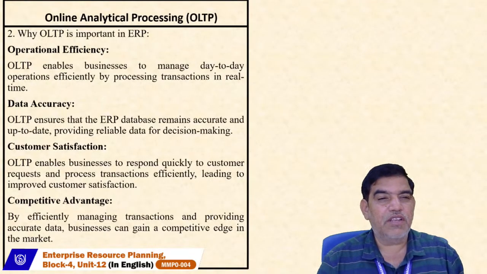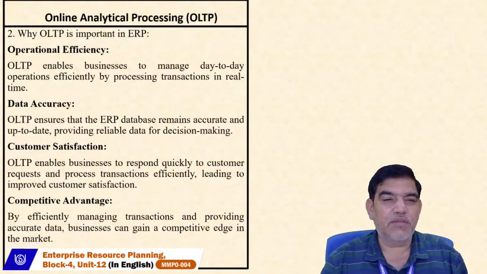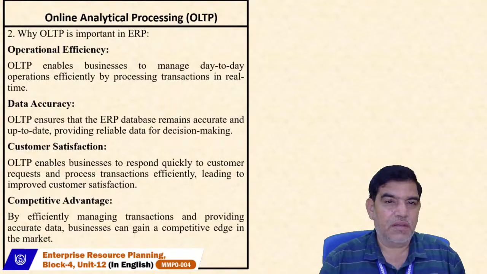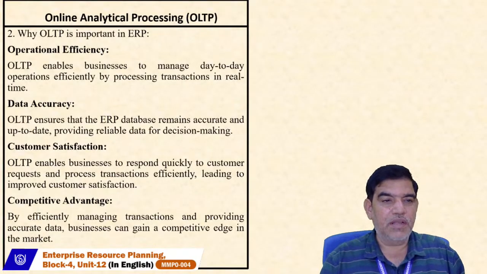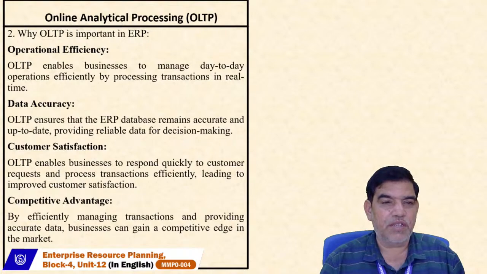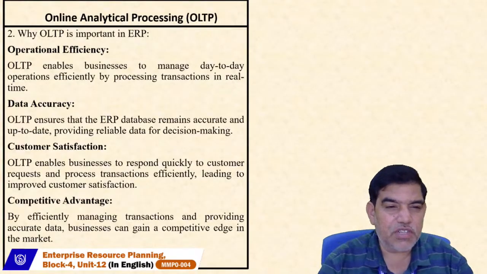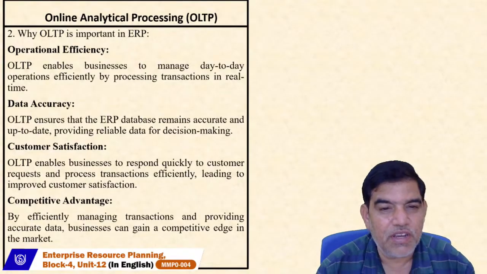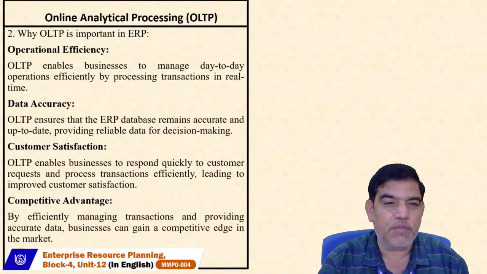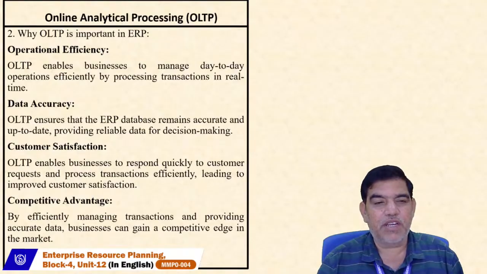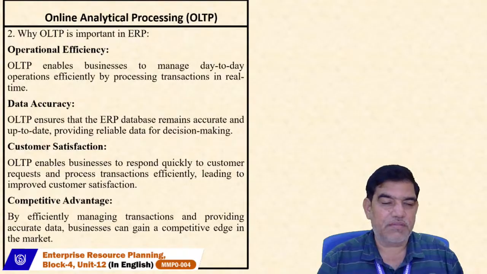Then, what is the actual requirement of this OLTP? Why is it very important in ERP? OLTP enables businesses to manage day-to-day operations efficiently by processing transactions in real time. Then data accuracy. OLTP ensures that the ERP database remains accurate and up to date, because only accurate data and information are stored permanently, providing reliable data for decision making.